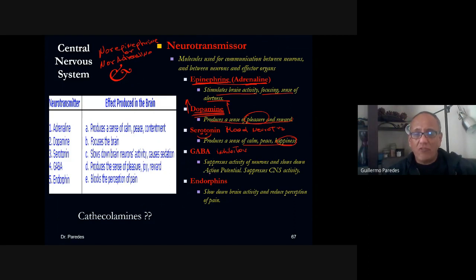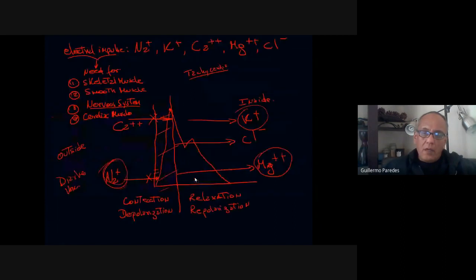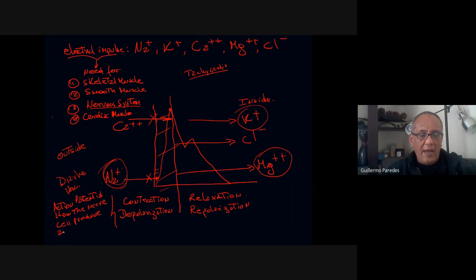What is action potential? Action potential is how the nerve cell produces an electrical impulse.